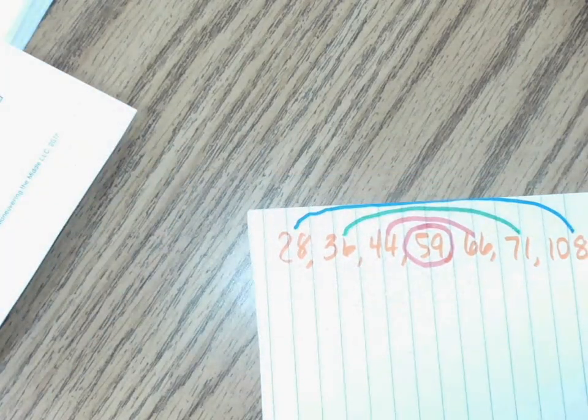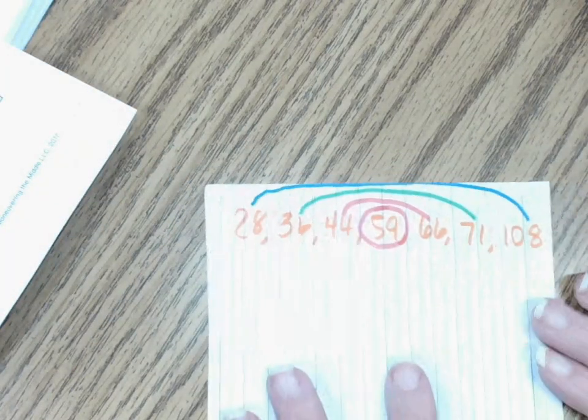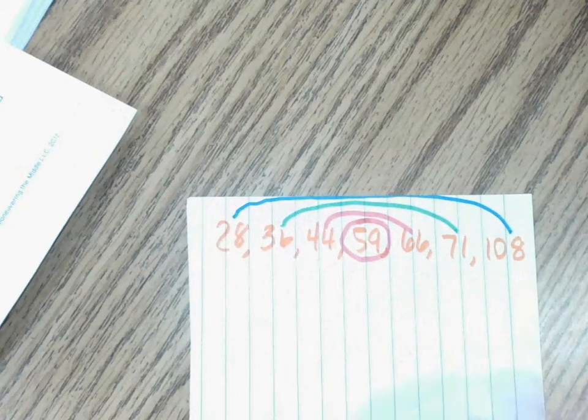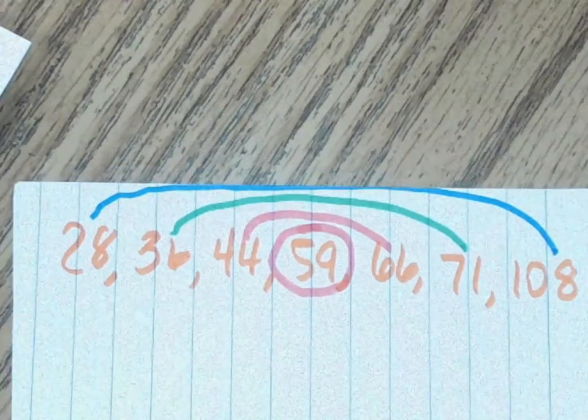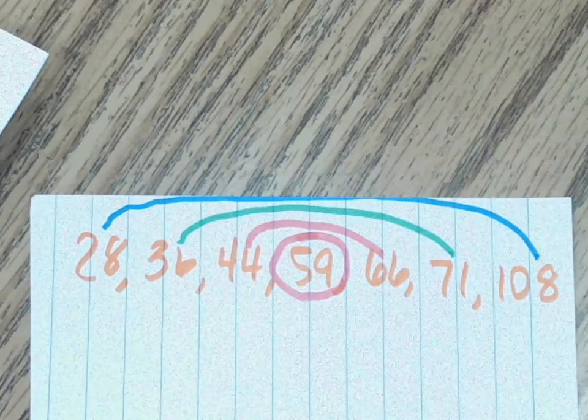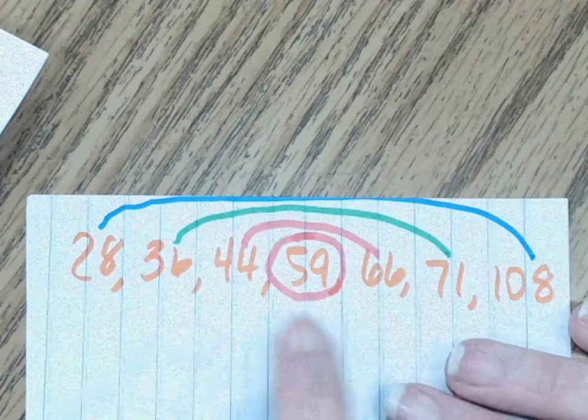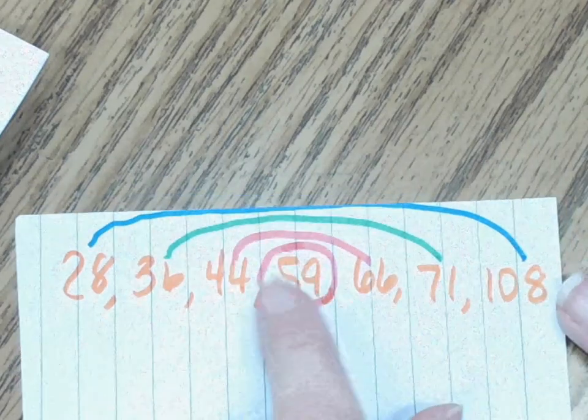Okay, so what we want to do is find the median of the half of the data this way, because this is where we split it in half.